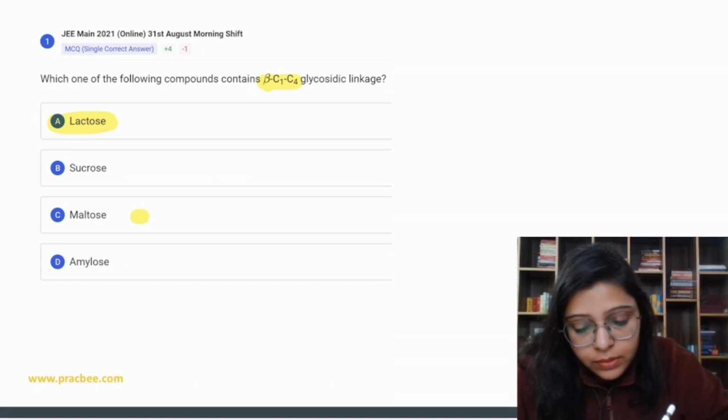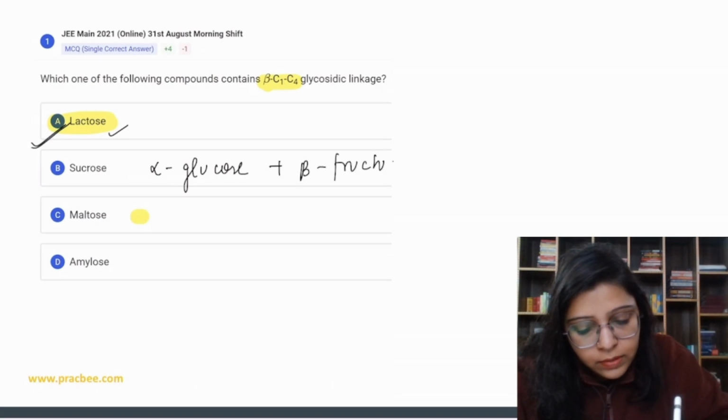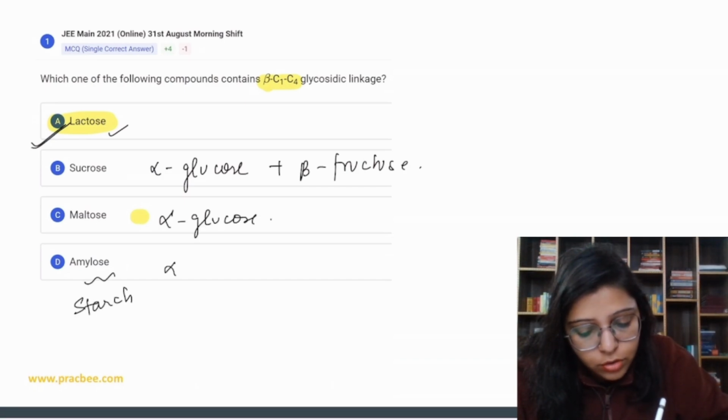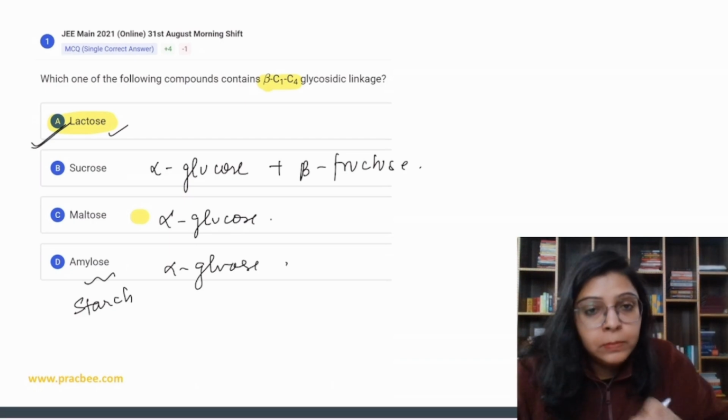So lactose. So the answer is lactose basically. Sucrose has alpha glucose plus beta fructose. Maltose has alpha glucose. And amylose is a part of starch, which is also formed from alpha glucose.